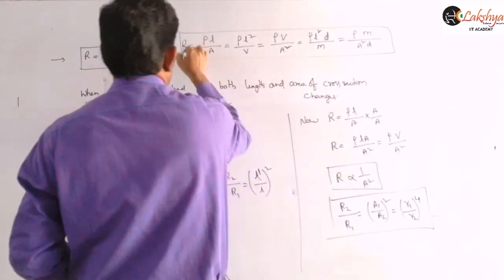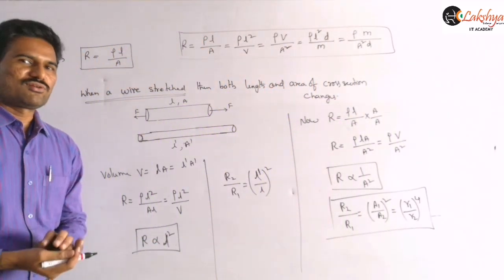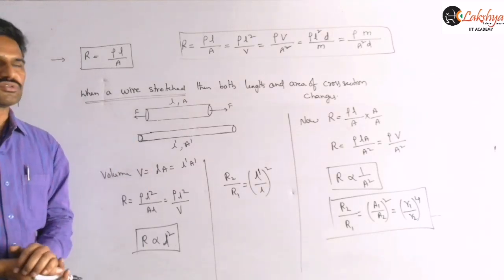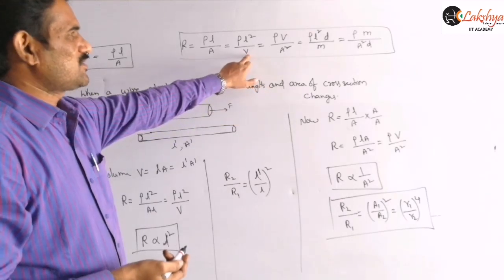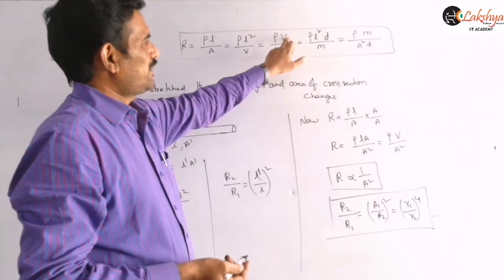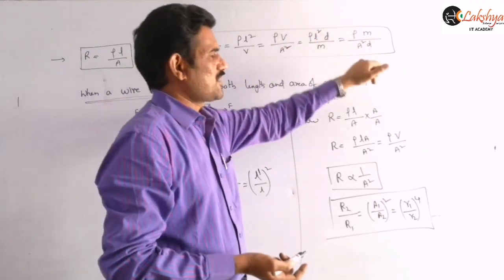Just remember this. Those are the different forms of the expression rho L by A. Depending on the given situation, we can use that equation. Here I am replacing the volume as mass by density, and in this expression also you can replace it as mass by density.